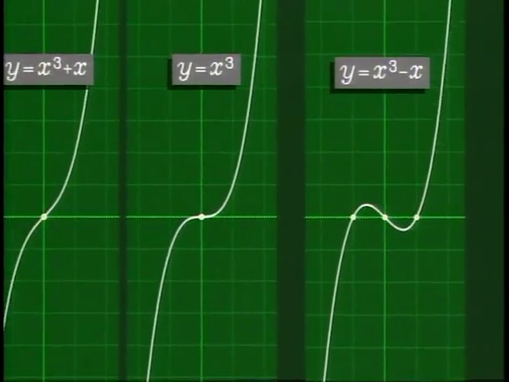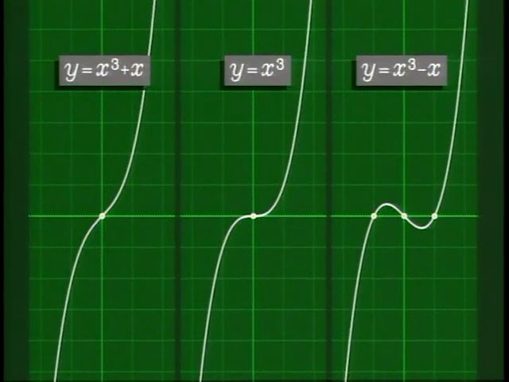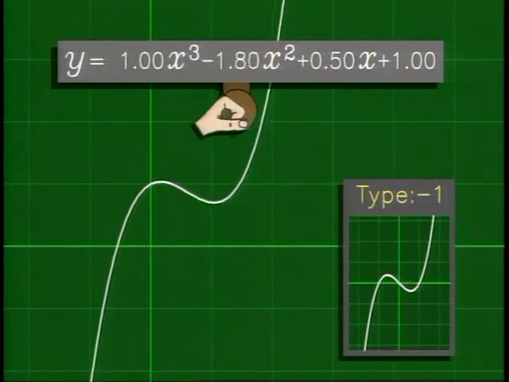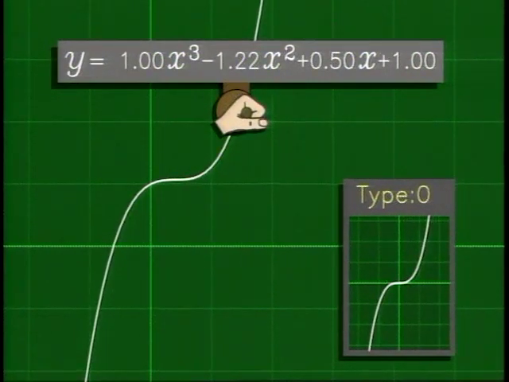These 3 examples, y equals x cubed plus x, y equals x cubed, and y equals x cubed minus x, can be regarded as the prototypes of all cubic curves. Let's see what happens as we change the coefficients in the equation of a cubic curve.